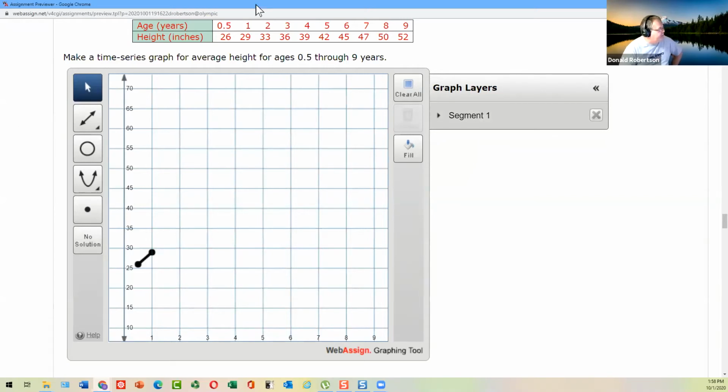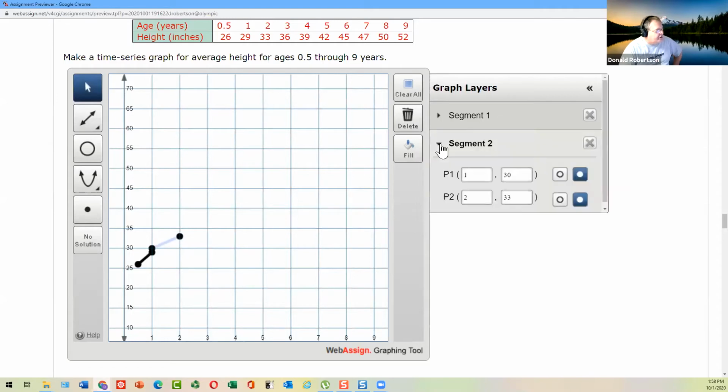Now, here goes. Back in again, second set of dots. I'm going to go from 1, 29 to 2, 33, which means I have to start all over again and click on that one, and then finish on 2, 33, which is about here.